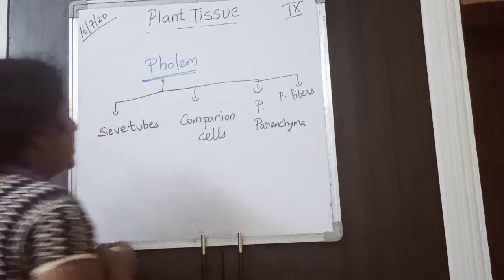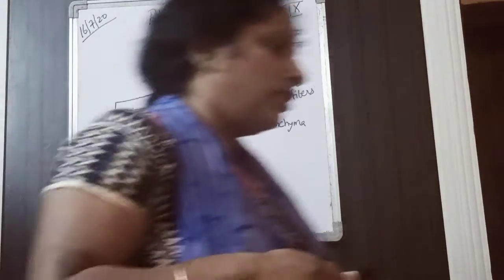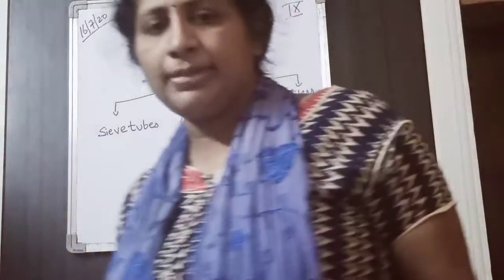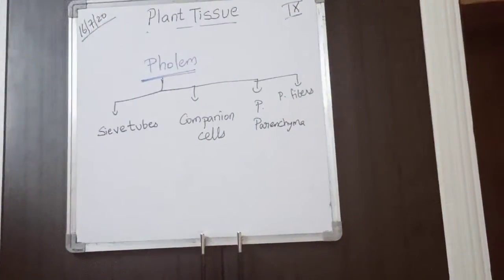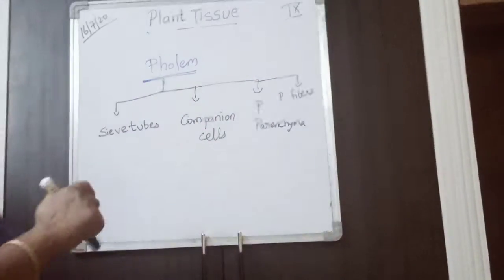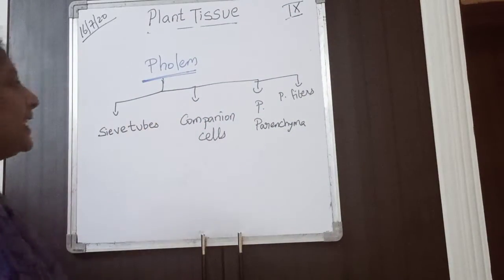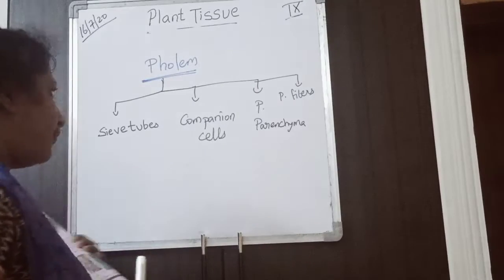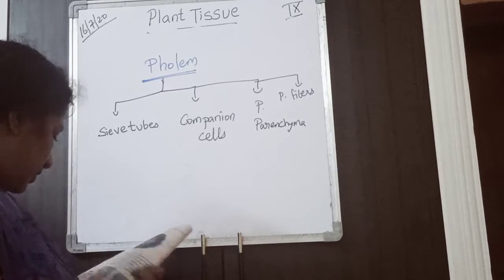So phloem is made up of 4 types of cells: sieve tubes, companion cells, phloem parenchyma, and phloem fibers.